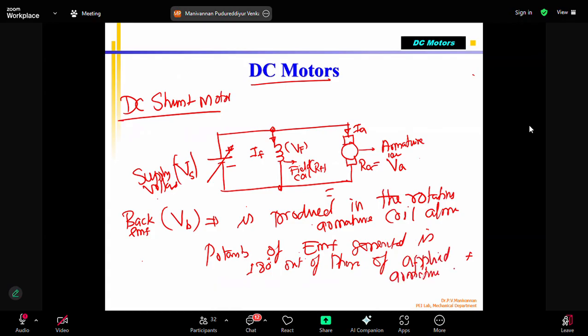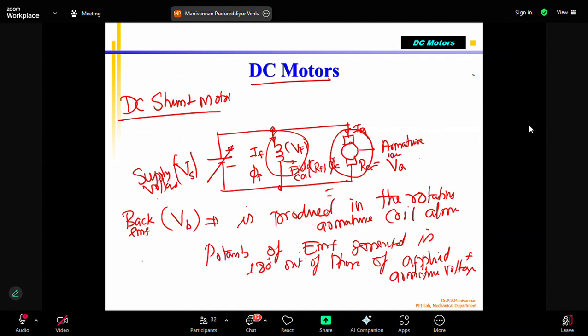Please note that we are applying armature voltage. Because of the armature current, there is a phi A that interacts with the field magnet. To make the motor work, we need to supply a voltage to the armature coil and also to the field coil. This produces phi A and phi F, and they interact with each other, so torque is created.